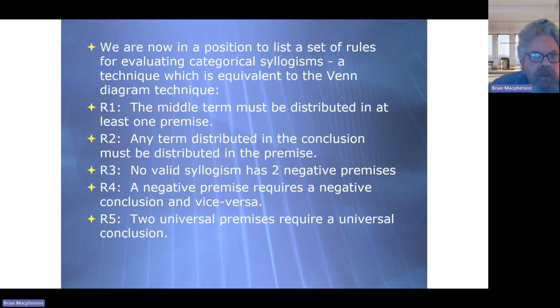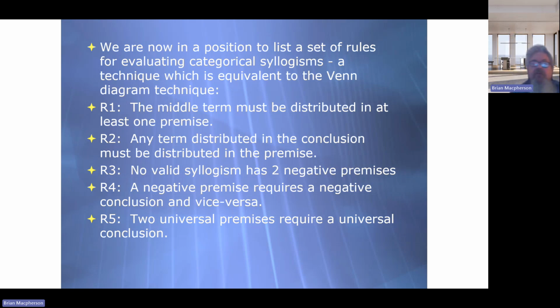And rule 5, sometimes called the existential fallacy: 2 universal premises in a Boolean syllogism require a universal conclusion. So if I have AA, then the conclusion must itself be universal. I can't have AAI, because I have 2 universal premises but a particular conclusion, and that violates rule 5.